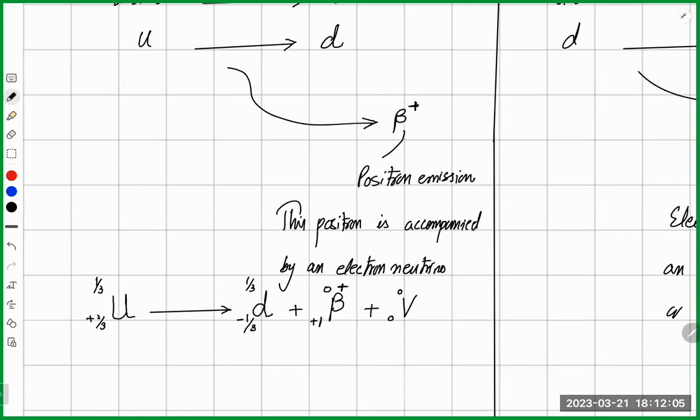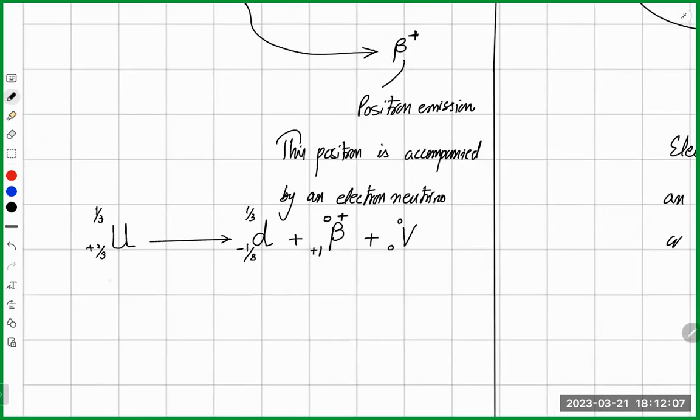Now, same thing can be written as up quark 1/3, 2/3 converts into down quark 1/3, minus 1/3, plus, because this is a positron, there is another symbol for this one. I'm not changing anything.